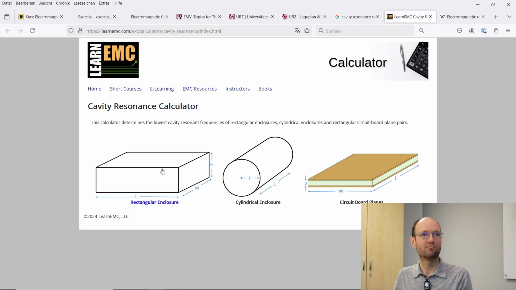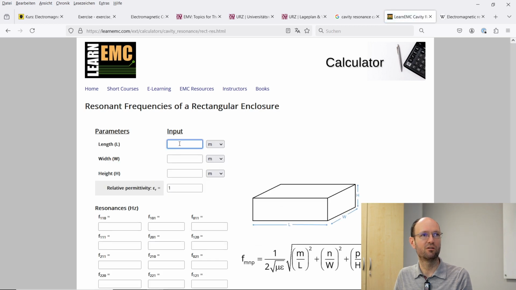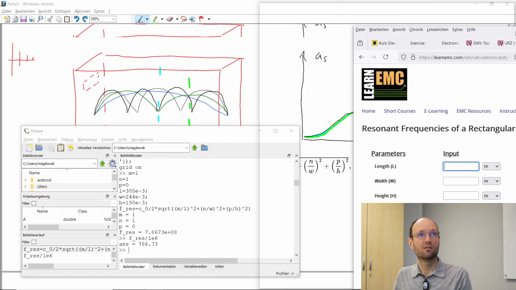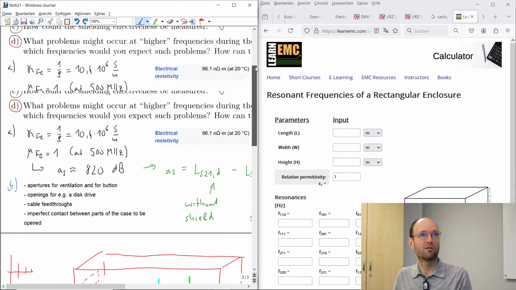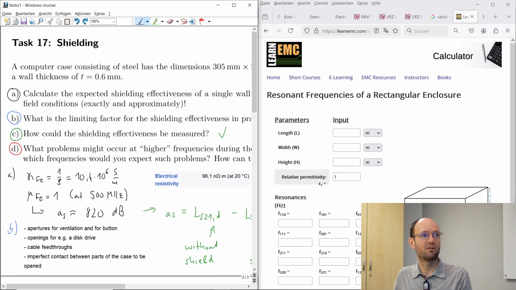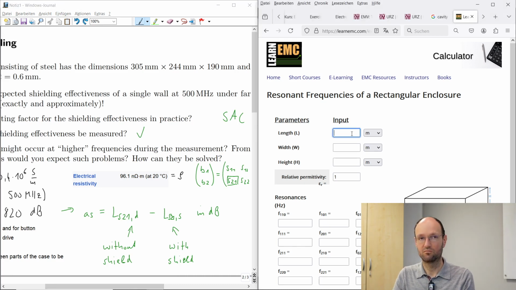And so here you can use this rectangular enclosure, and we can say the dimensions are 300, or can I change this to millimeter? Yes, I can.